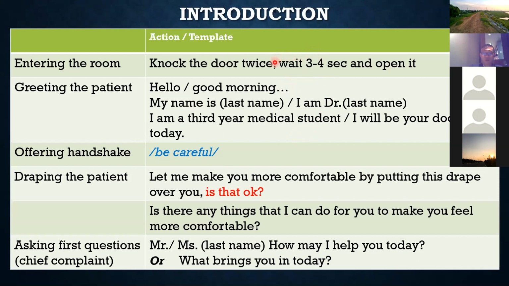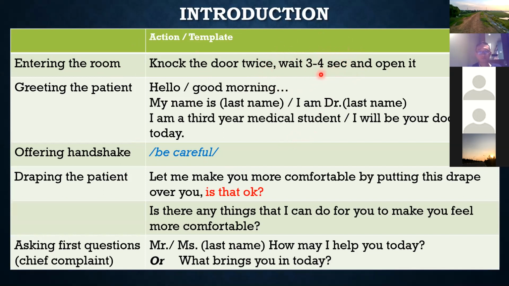So my question here: why do we have to wait 3 or 4 seconds here? If anybody knows the answer, just let me know. We wait for the people inside to answer that they are free or not, so we can come in. Sometimes they are busy doing their own stuff, like changing their clothes or something.